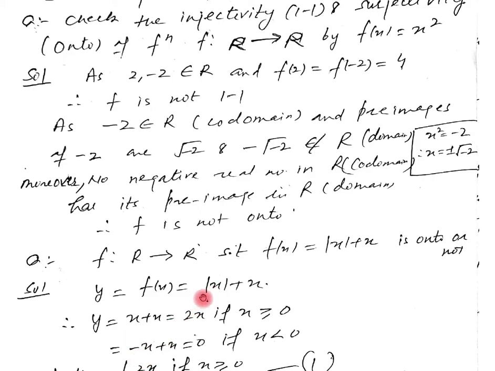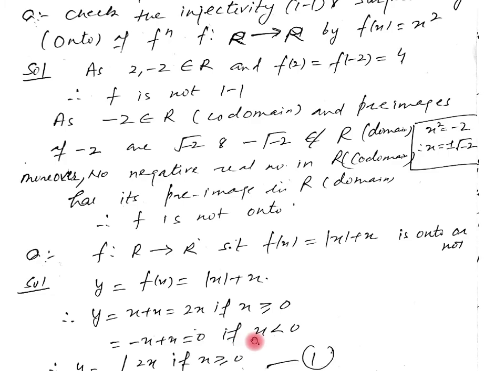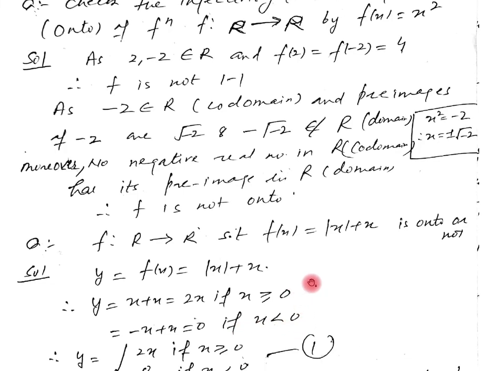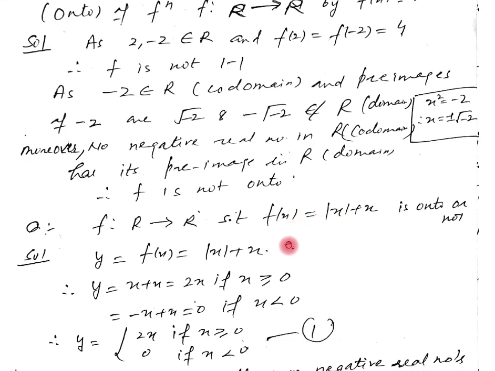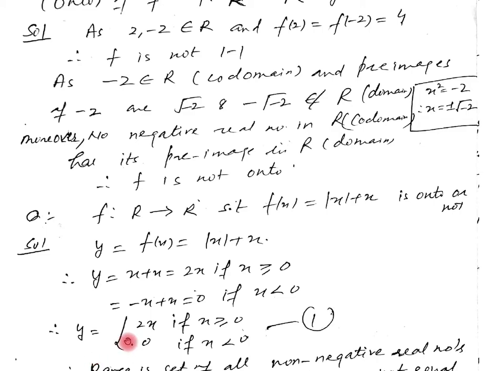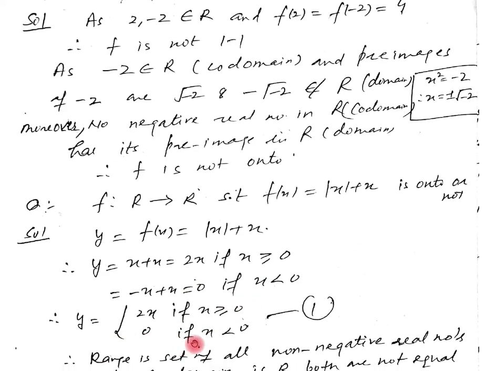So it becomes minus x plus x equal to 0 if x is less than 0. So we have defined our function by putting the value of the modulus of x. So our function becomes y equal to 2x if x is greater than or equal to 0, and equal to 0 if x is less than 0.